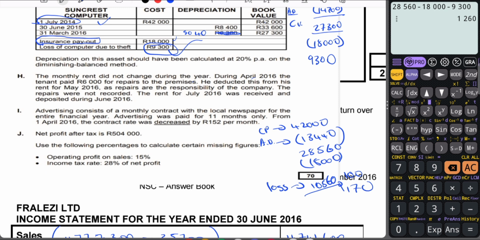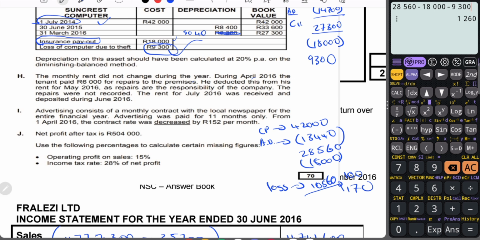He deducted this from his rent for May 2016, as repairs are the responsibility of the company. The repairs were not recorded. The rent for July 2016 was received and deposited during June 2016.